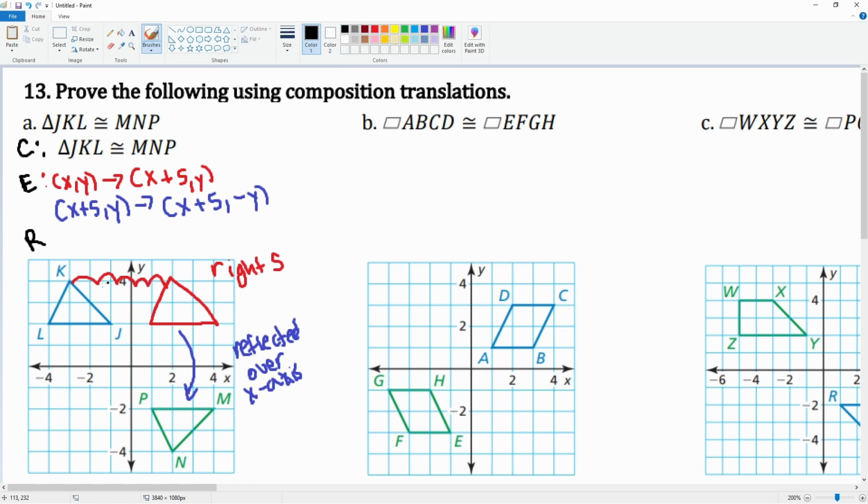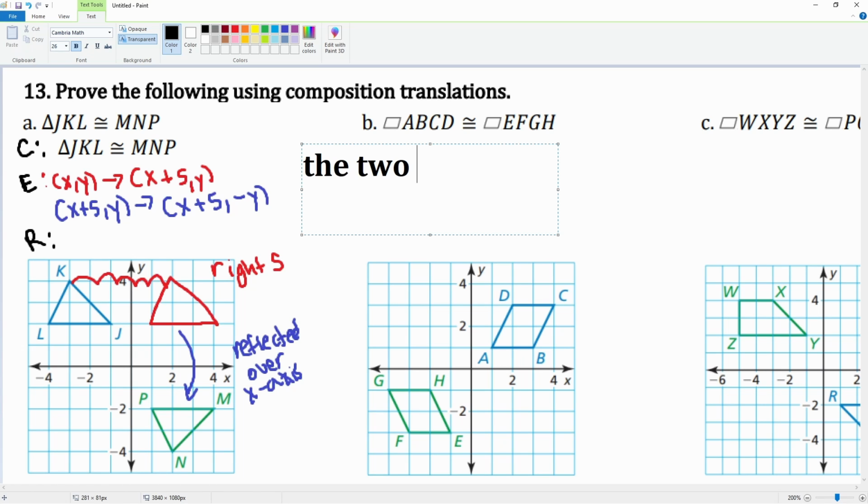So we can say that these are congruent because it could map the figures. Maybe I can write this out much better.